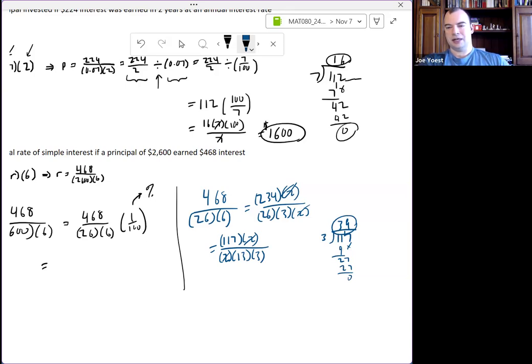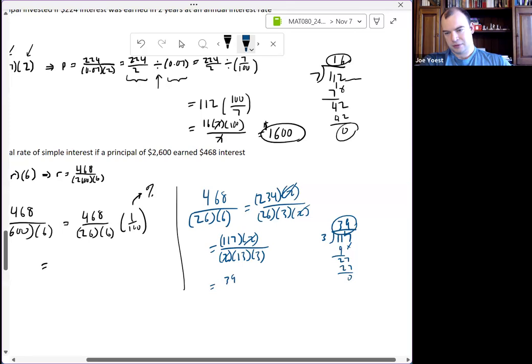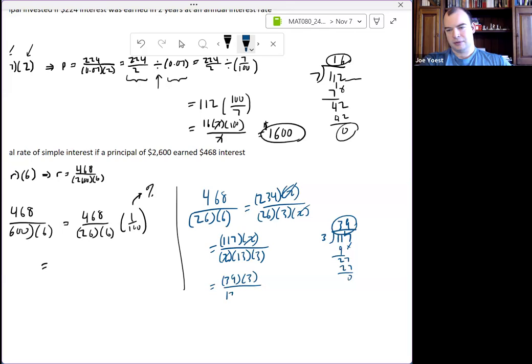So 3 times 39 gives me 117. And I could divide out the 3's and keep going, or I might recognize that 13 times 3 in the denominator is exactly 39. So they divide out, leaving me with just 3 from this part.